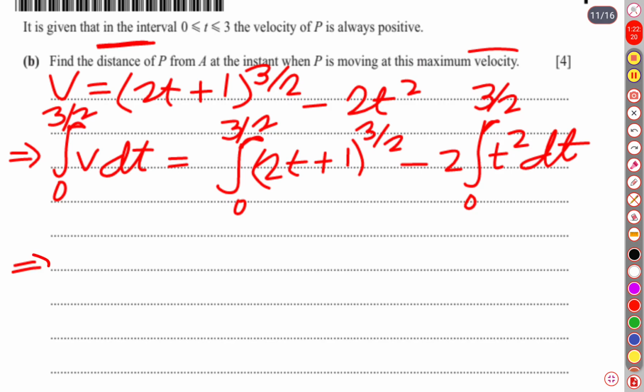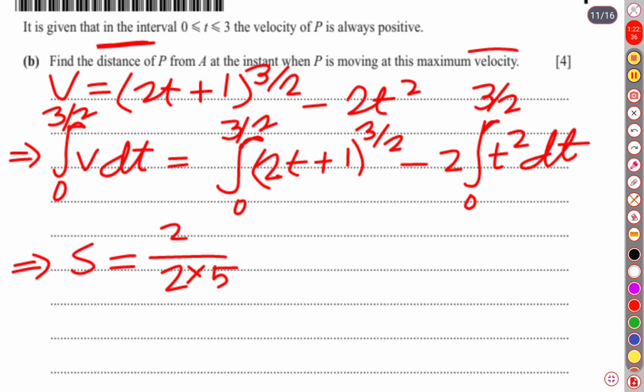Now displacement s is equal to, first of all, the 2 is going to be in the denominator, and if we add 1 to the exponent, it is 5 over 2, so 2 into 5.